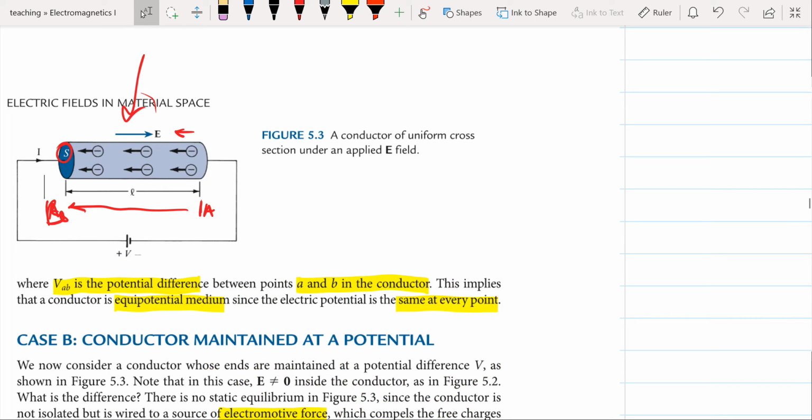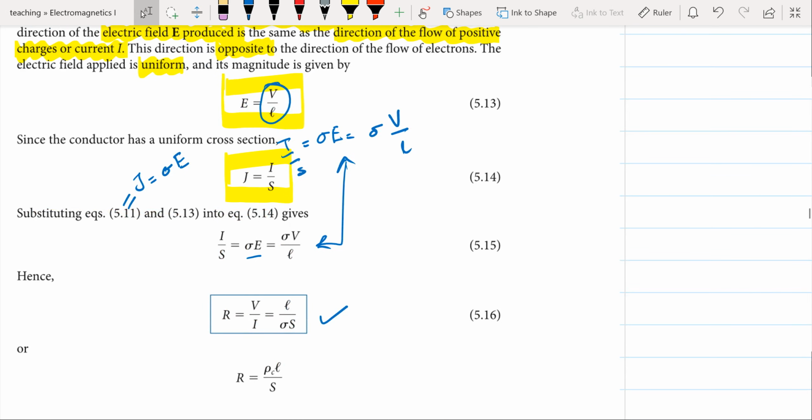And therefore, we are just saying that V applied divided by L gives us the value of E as defined in equation 5.13. Therefore, since the conductor has a uniform cross-section area S, we may say that J, the current density, is going to be given by I, the current flowing, divided by S, the cross-section area.